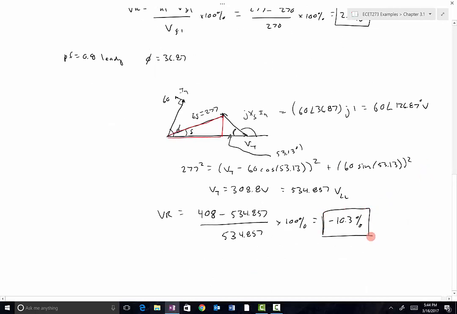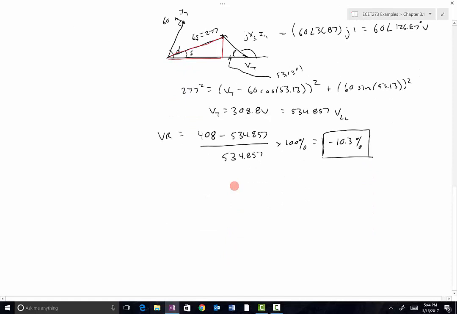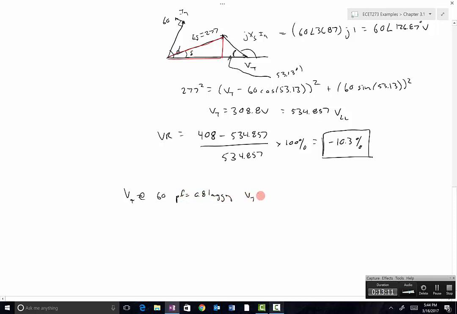And I guess the last thing I wanted to do in this example was determine the voltage regulation from example 3.18. We found that the output voltage VT at 60 amps, power factor equals 0.8 lagging, was 236.8.